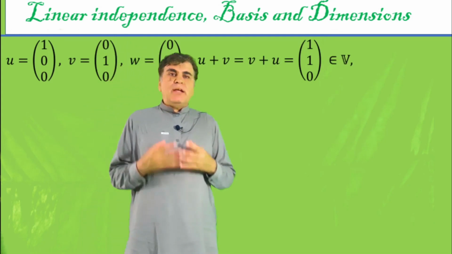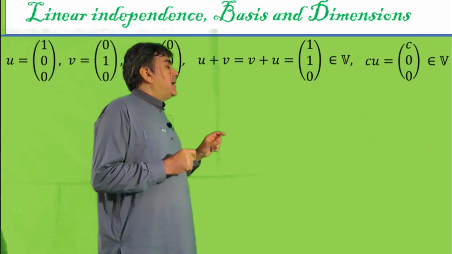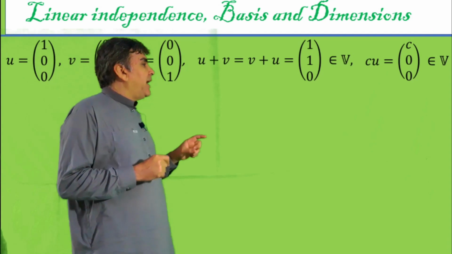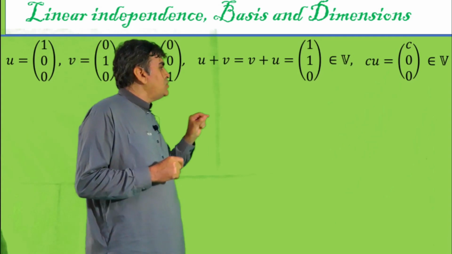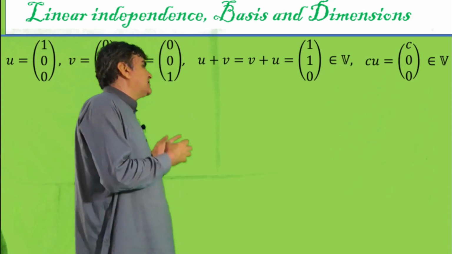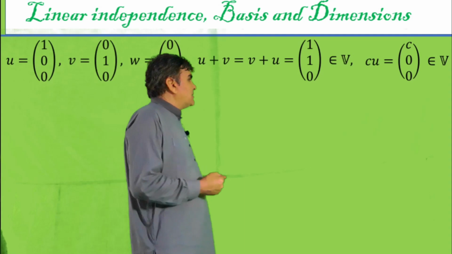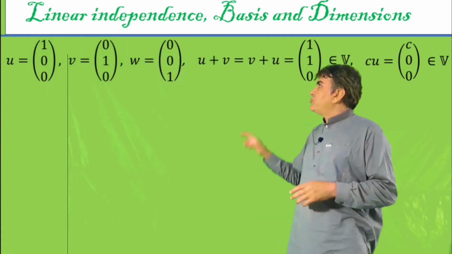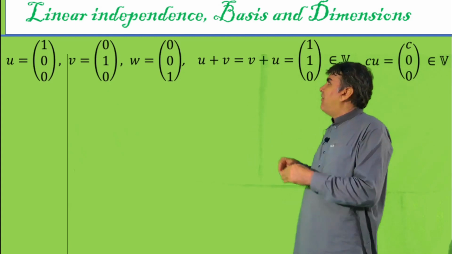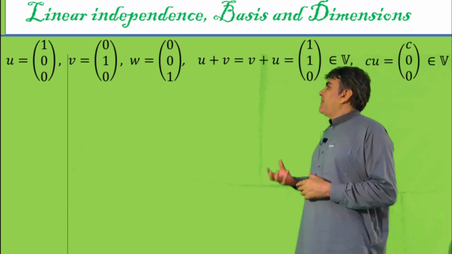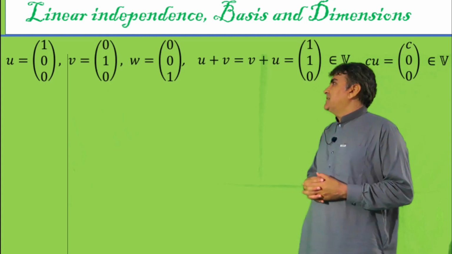That is, we can prove that U plus V equals V plus U, and if C is a number over the field F and we multiply it with any of the three matrices, for example U, then CU is again an element of the vector space, which qualifies these three elements to represent a vector space. Moreover, one can see from the structure of these matrices that none of them can be written as a linear combination of the rest of the two. So they constitute the set of independent elements of the vector space V.